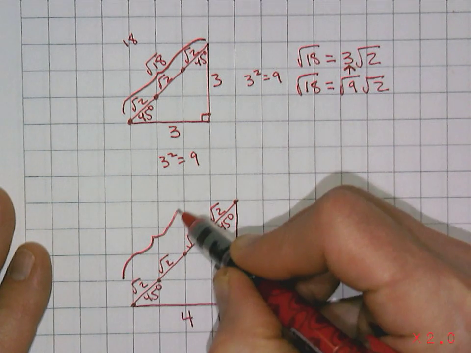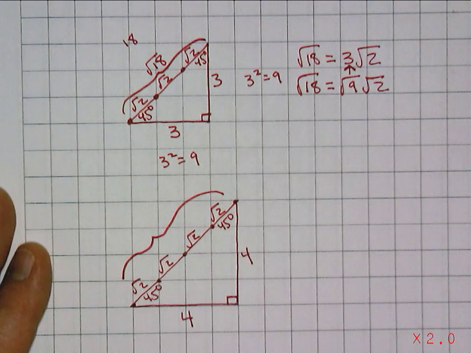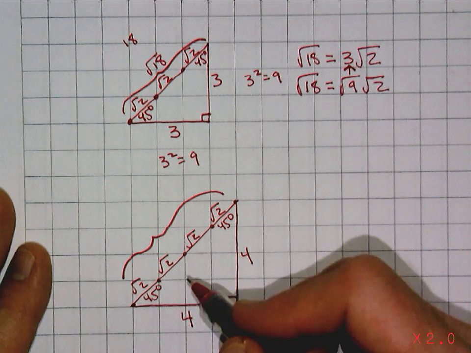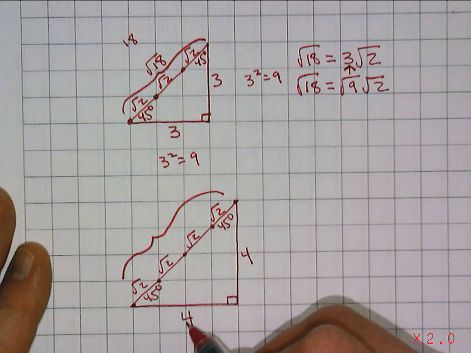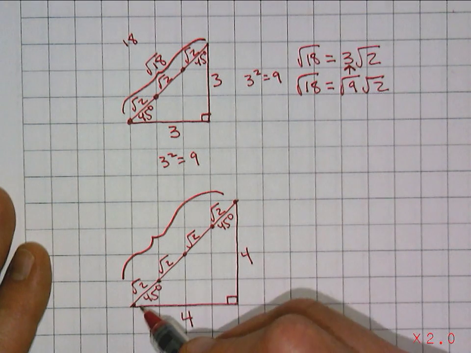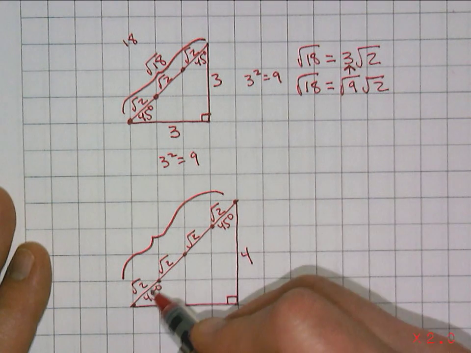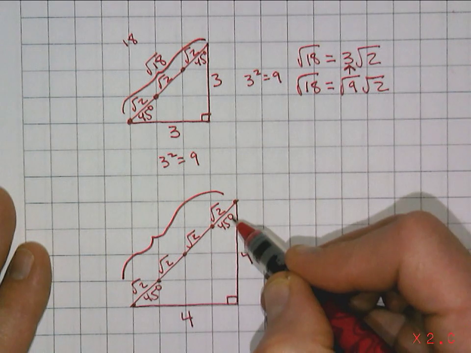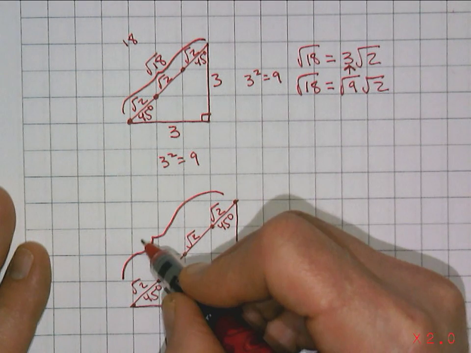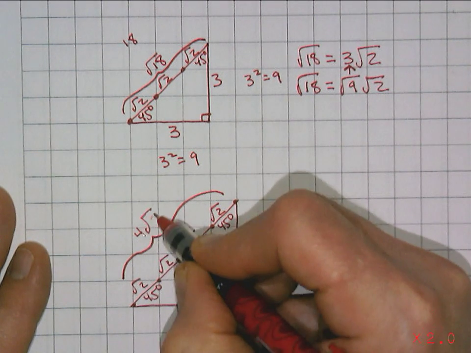So rather than going through the Pythagorean theorem process, we can know that if we have the side lengths, we also have the hypotenuse length in terms of the number of square roots of 2 that it represents, in this case 4 square roots of 2.